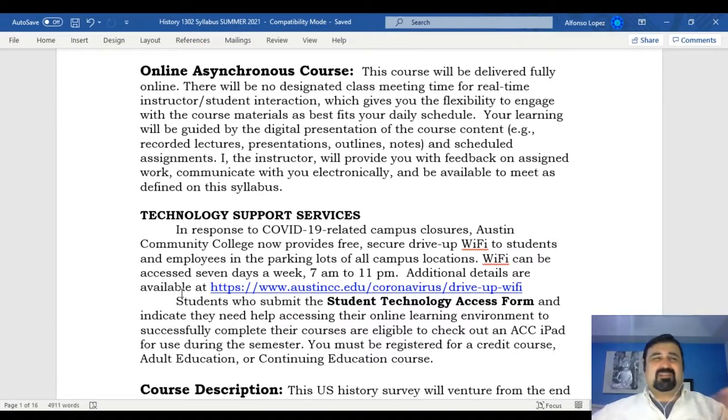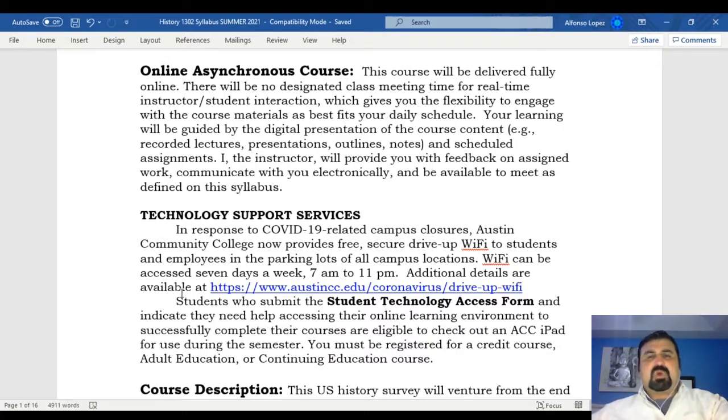So it's more flexible, as I explained, because particularly during summertime, students have a lot of responsibilities in terms of family, work, and so on. Taking a summer class can be very difficult in terms of the timing. So it's very flexible for you to follow this material in your own time.